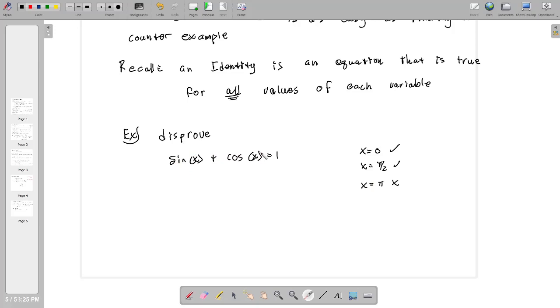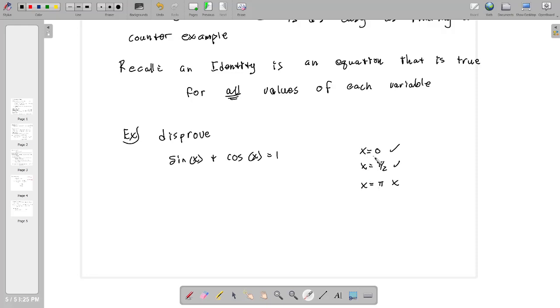Now I do need to make a note here, because it is very important that you do not try to prove an identity in this fashion. You can't prove an identity by exhaustion, meaning you can't just start plugging numbers into an identity and say, oh, well, it worked for every number that I tried, therefore it's true. That's not the case.